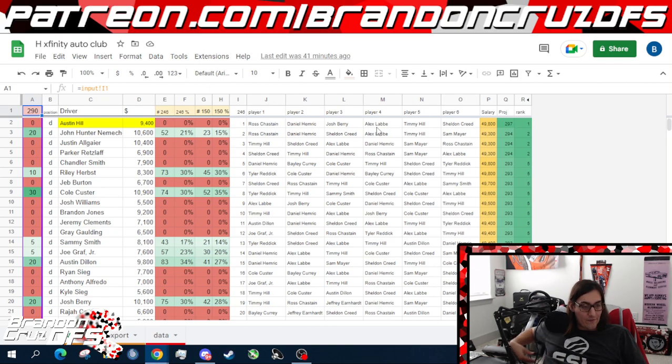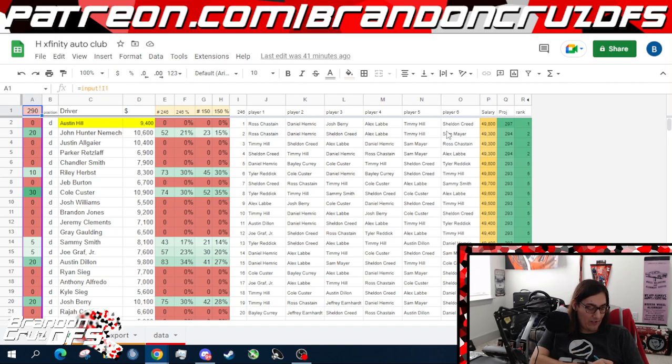Like these first 3 lineups here make a lot of sense for me, and I will probably end up playing them. I like that this one has everybody outside of Mayer, so I'll just write that down and just have Mayer instead of Josh Berry. I like that lineup. I like the way this is built.